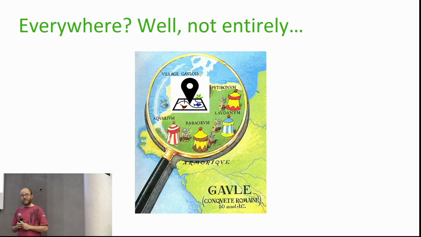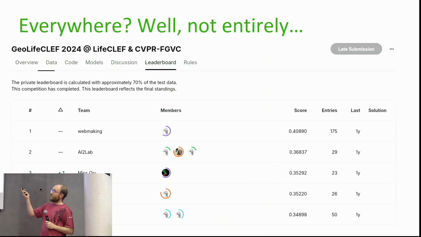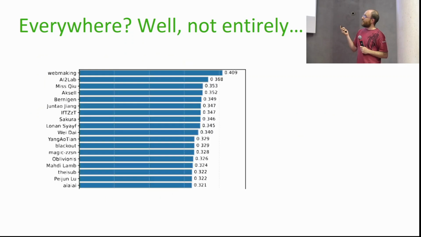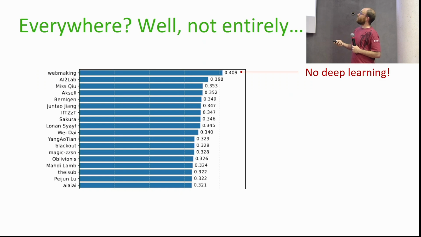But everywhere? I would argue that if we look at, for instance, the GeoLife Clay challenge, this is the leaderboard from last year. If we look more in detail at the leaderboard, the top one, it's not true that they didn't use deep learning, they built an ensemble that includes the baseline provided by the organizers that uses deep learning.